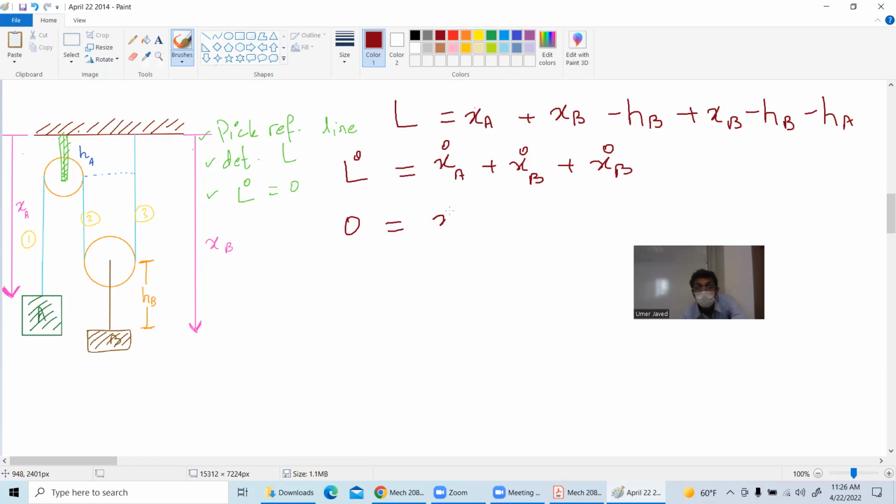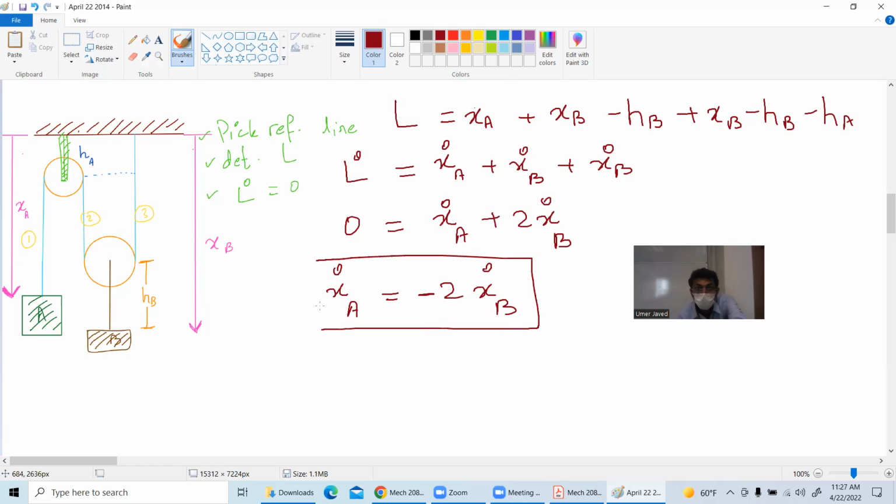It will give you X dot A plus 2 X dot B equal to 0, so X dot A equals negative of 2 X dot B. When the mass B goes downward, then mass A goes upward, and mass A will have half of the velocity. That's cool.